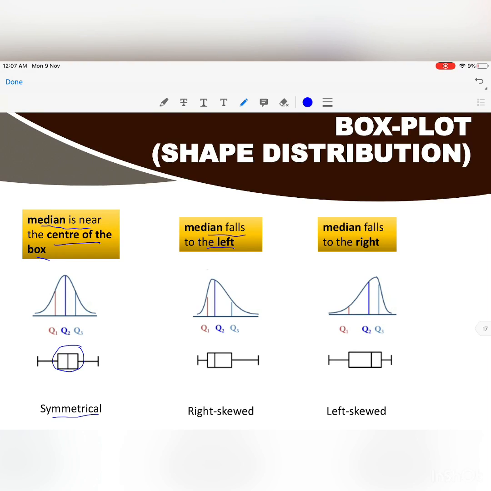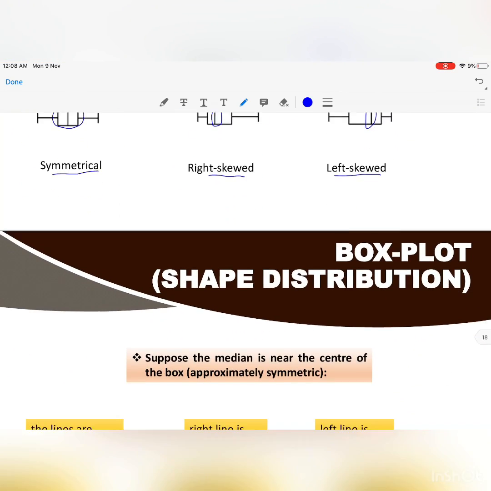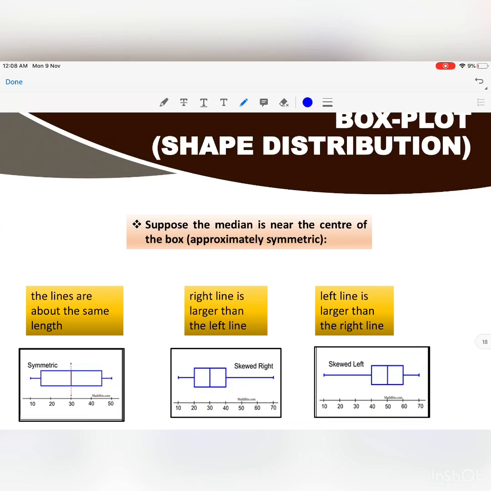But if the median falls to the left, so this is the median, that is right skewed. If the median falls to the right, that is left skewed. So we look at the location of the median. We have symmetrical, right skewed and left skewed.